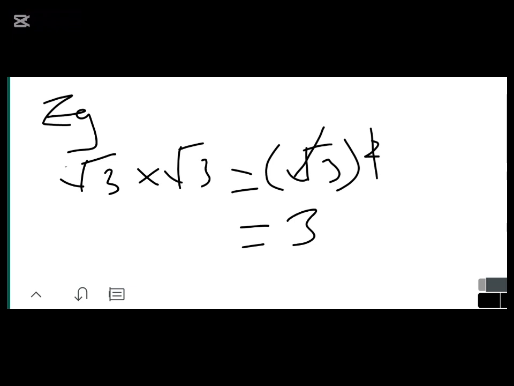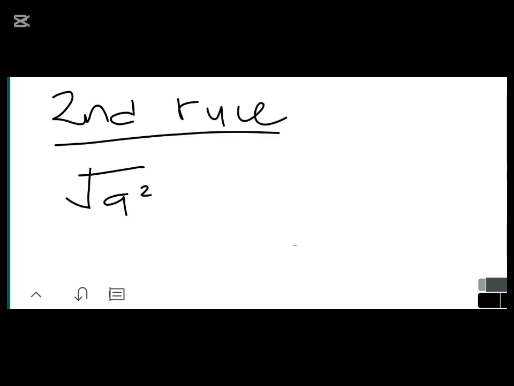With the second rule of surds, when you have square root of a all squared, this gives us a, because the square will cancel the square root out. Square root of a squared is equal to a.